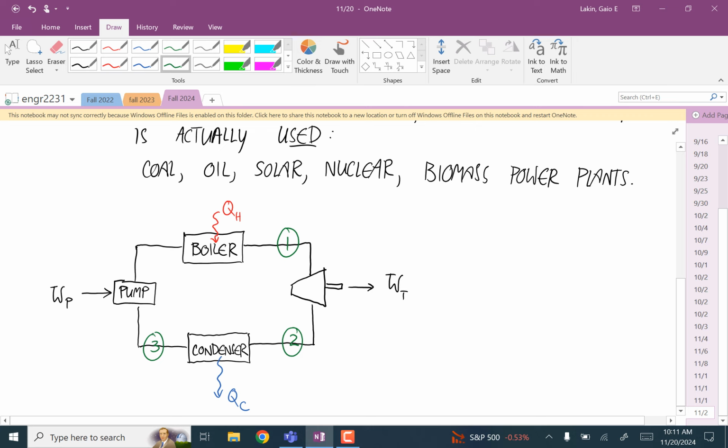State 3 to state 4 goes through the pump. This is called the ideal Rankine cycle. We'll see that people make modifications to make things more efficient in practice, but this is the first one we'll think about.